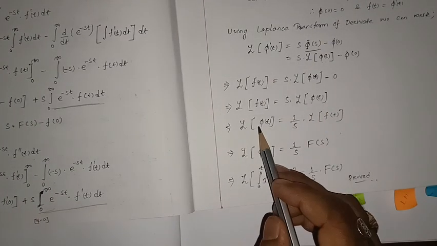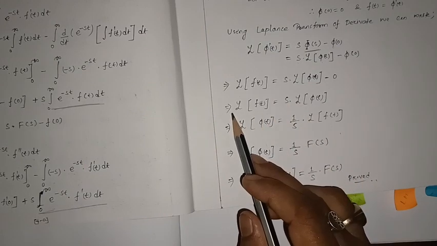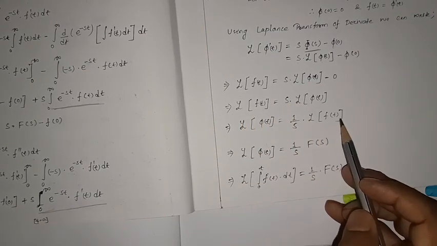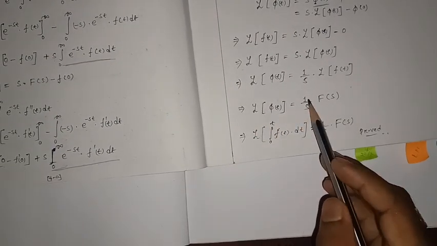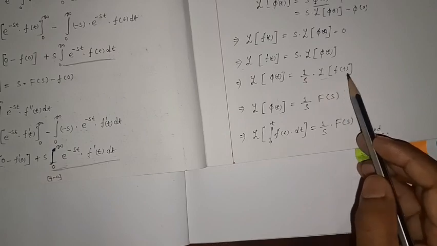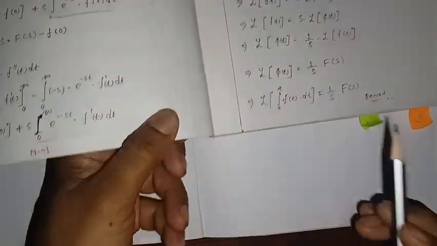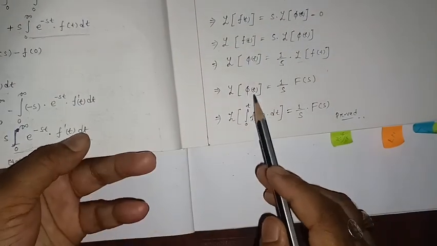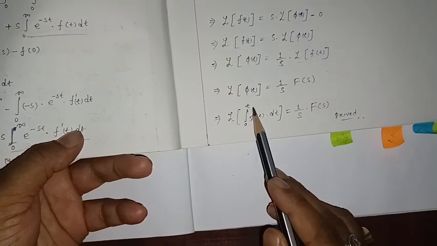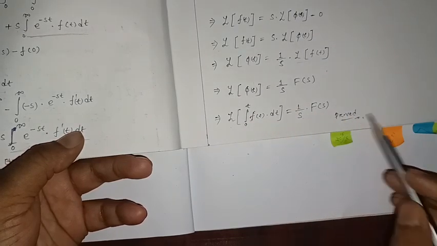So the Laplace transform of phi t will be 1 by s times the Laplace transform of small f of t, which is nothing but capital F of s. Initially we considered phi t as this integral. So the Laplace transform of the integral from 0 to t of f of t dt will be equal to 1 by s F of s, hence proved.